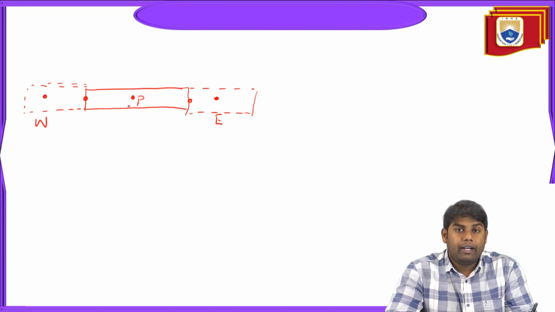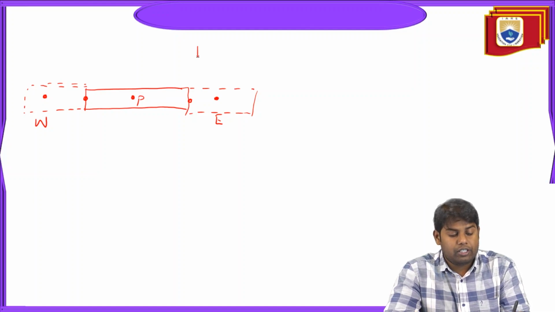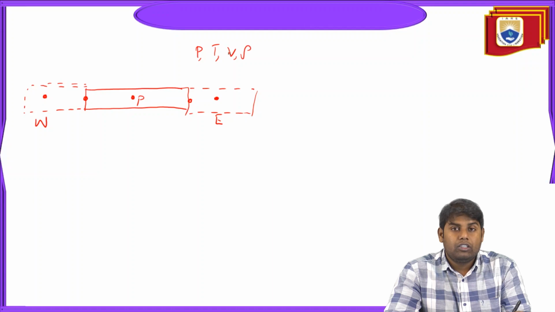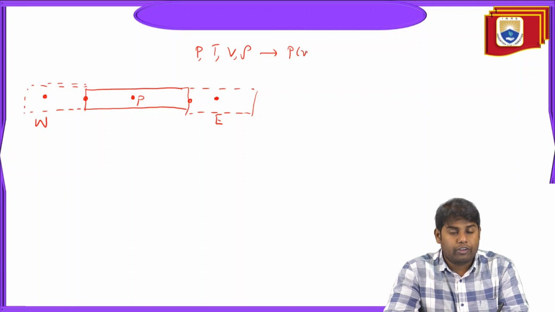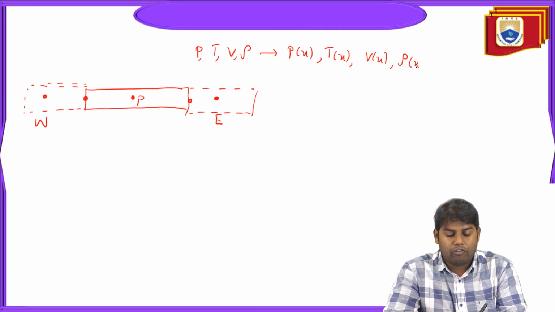So when you take the one dimensional flow, where the flow properties, let's say pressure, temperature, velocity and density, will vary only with respect to the x direction. So pressure P of x, temperature T of x, velocity V of x, density rho of x.